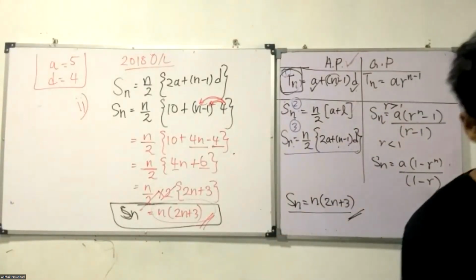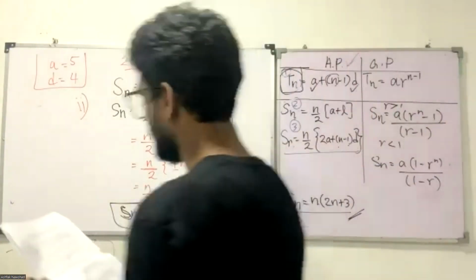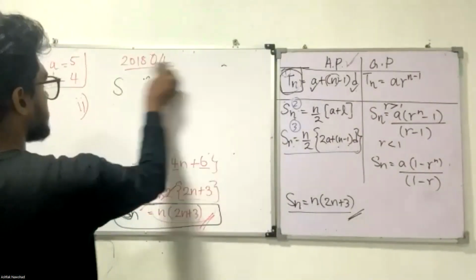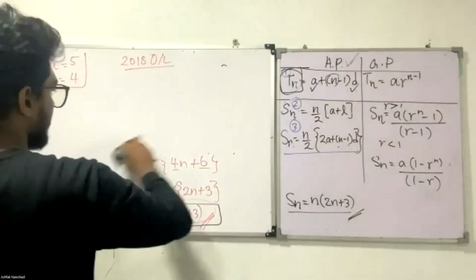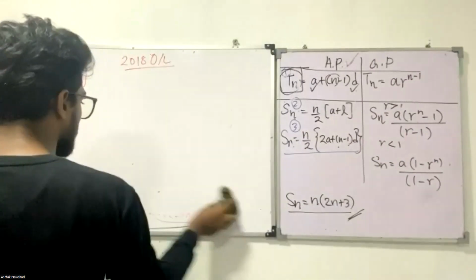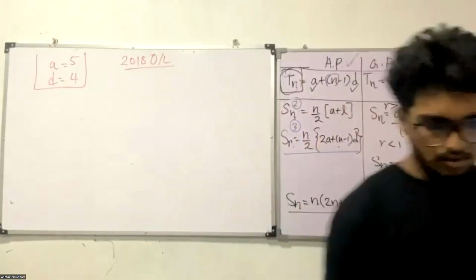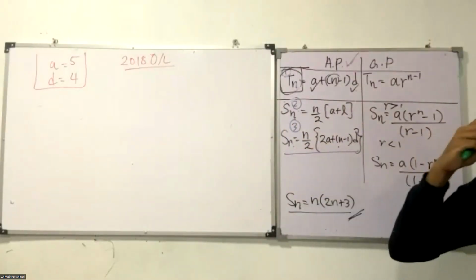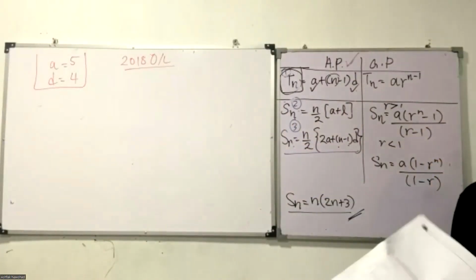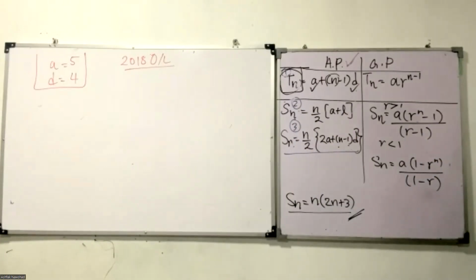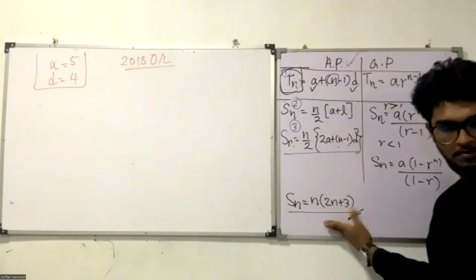In Roman number 3, they are asking if the decoration consists of 40 circles. Now n is 40, right? They are asking for the total number of bulbs. Which formula are we going to use? It's easier if we use the formula we just derived.